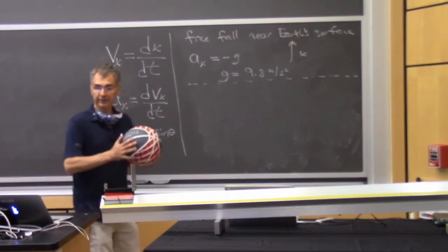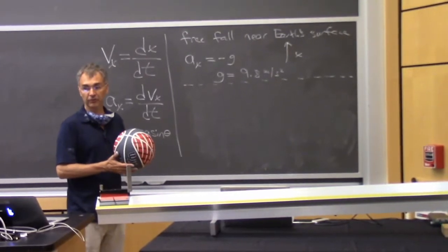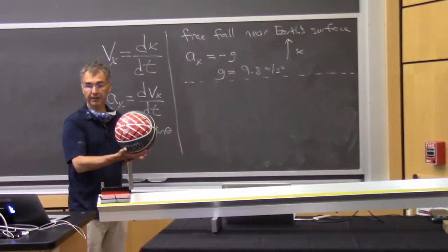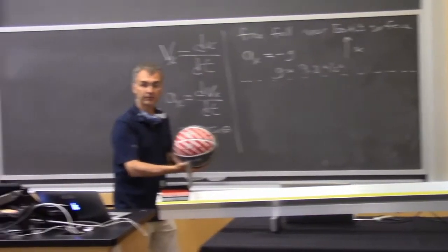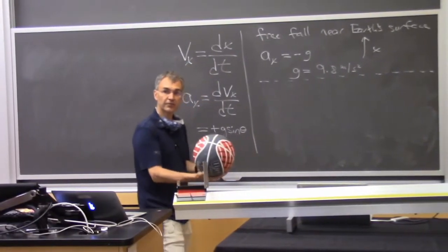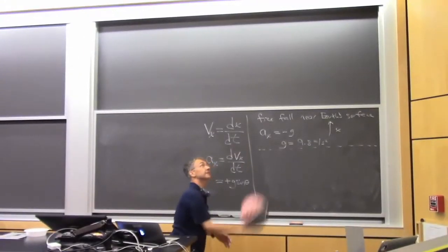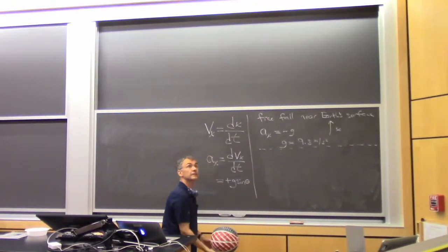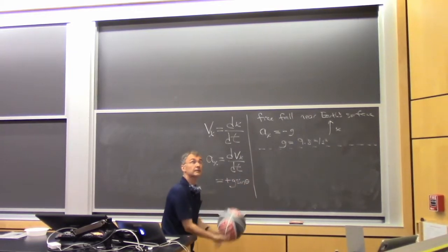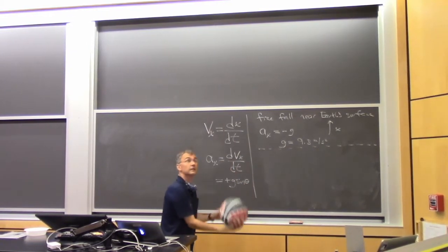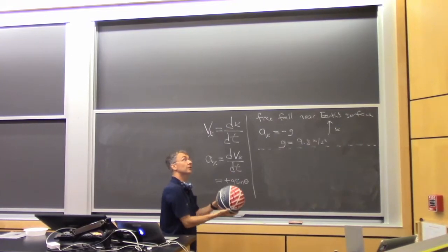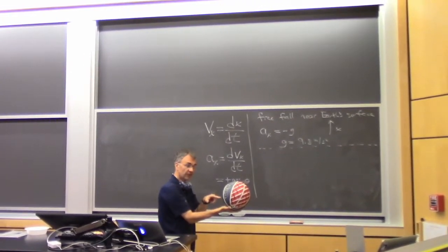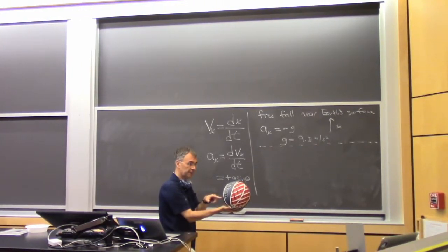What do you expect the shapes of x versus time and v sub x versus time to look like for a basketball tossed upward? And I'll just toss it upward from here and I'll catch it. So we'll call time equals 0 the instant just after I release the ball.